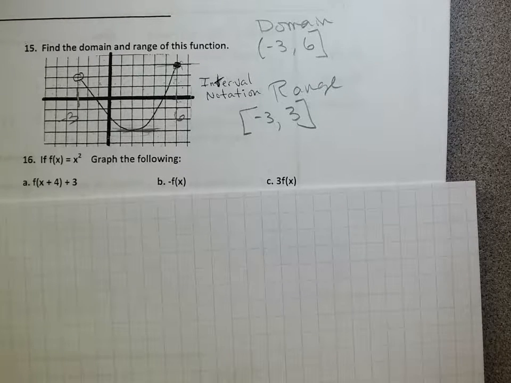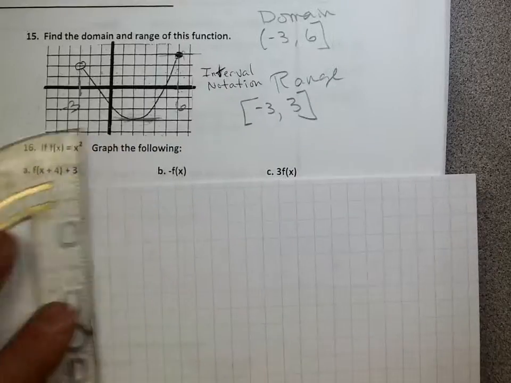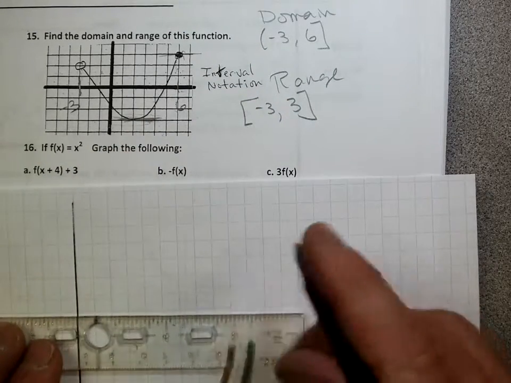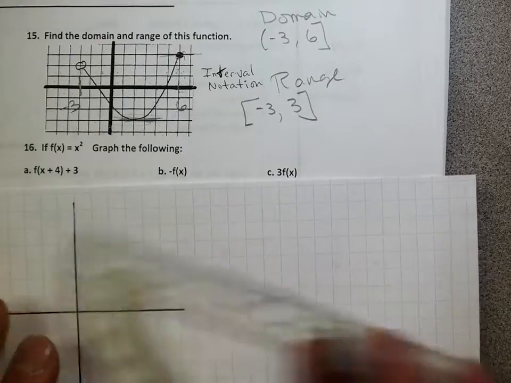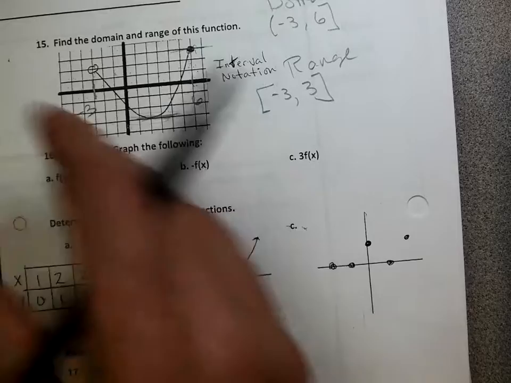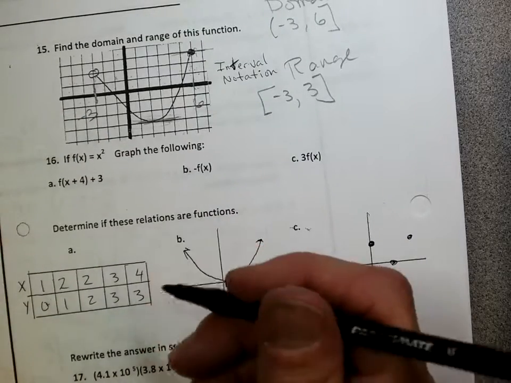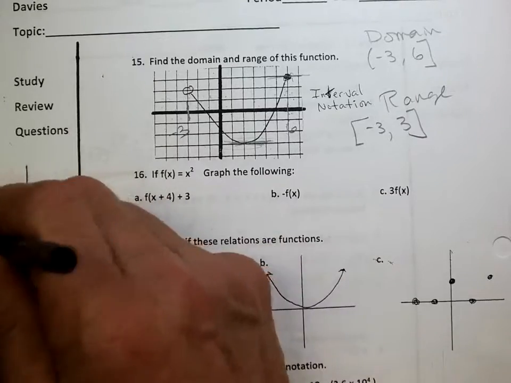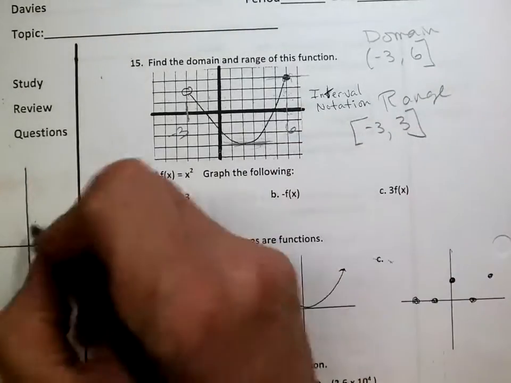Okay, 16. So, before I do 16, over on my little side column, I'm going to put the parent graph. The parent graph is a parabola, right?